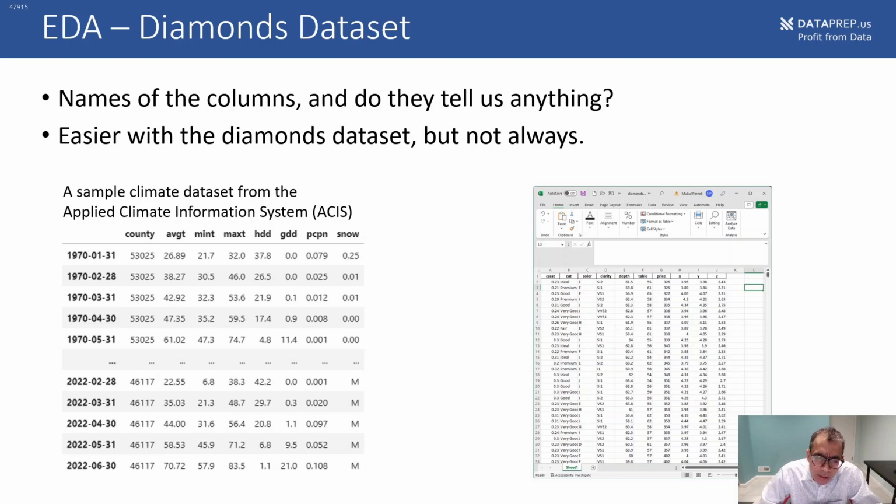But we don't know, what does HDD mean? And HDD actually, if you look at the data dictionary, it means heating degree days, which is the number of days when the temperature in the county was below 65 degrees, which is the temperature at which it is considered necessary to turn on heating. Similarly, GDD stands for growing degree days.